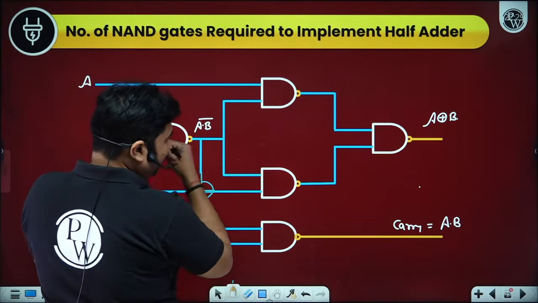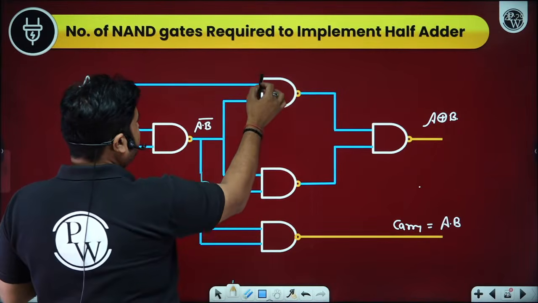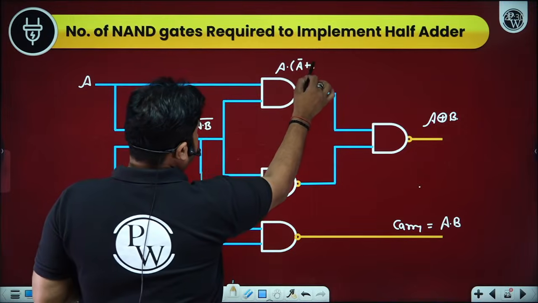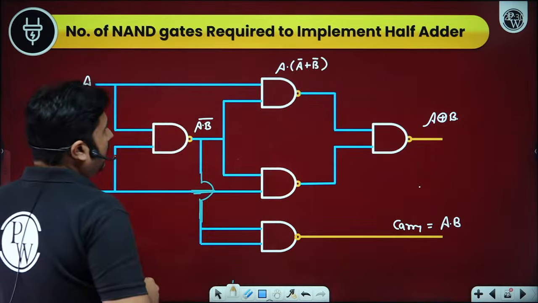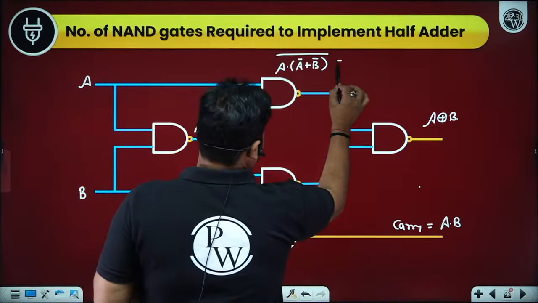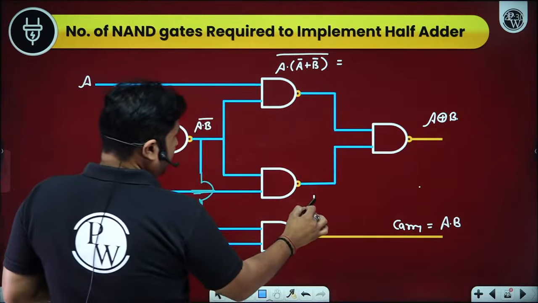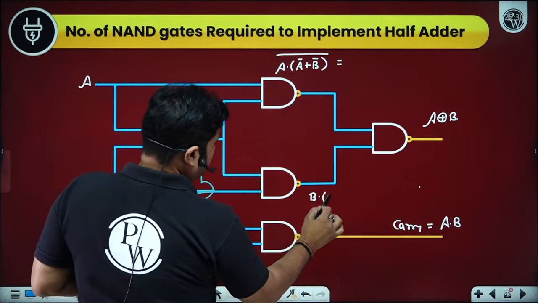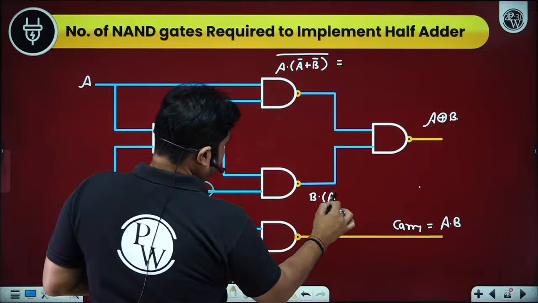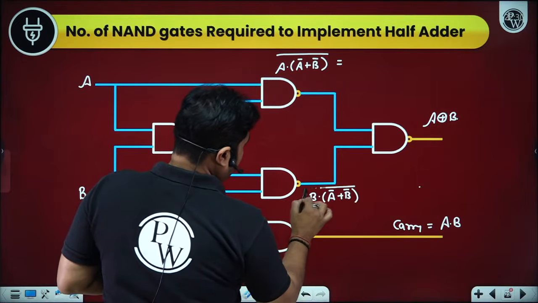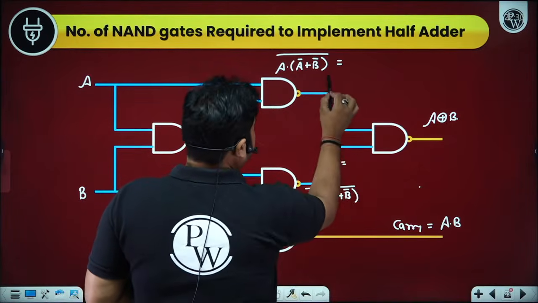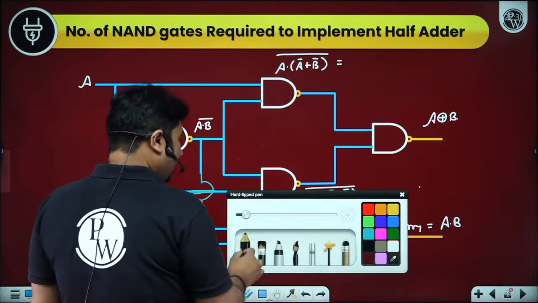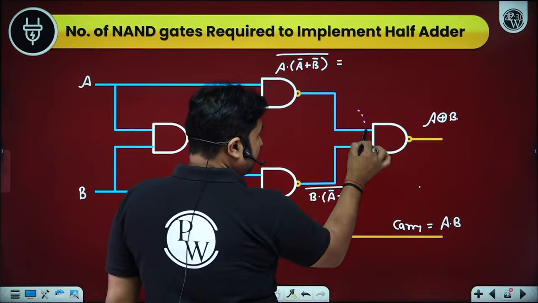So before going to the bubbled OR gate, you can just observe here. Here we have A dot (A bar plus B bar) whole bar, and here we have B dot (A bar plus B bar) whole bar. So what is actually happening here? Sir, this will be acting as a bubbled OR gate.